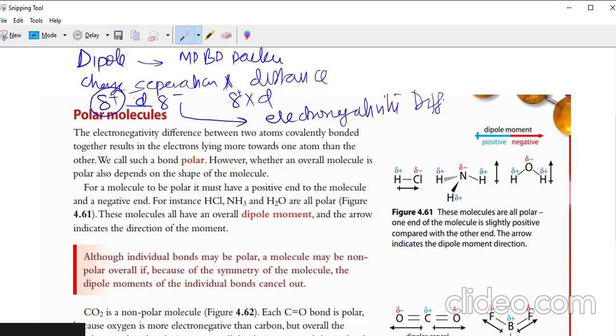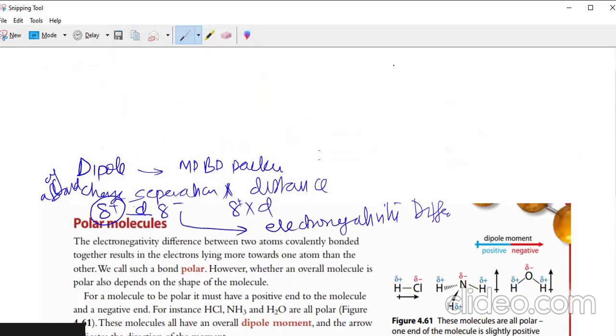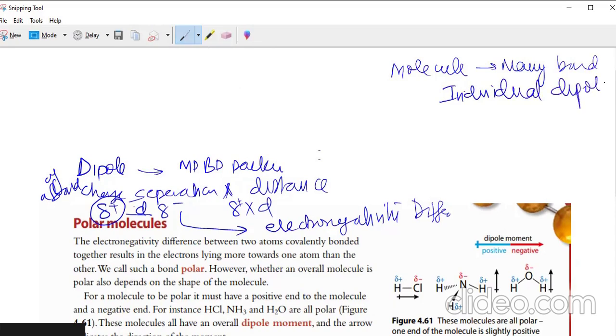So we are talking of the dipole of a bond. In a molecule, there will be many bonds, and the bonds will have individual dipoles depending on the two atoms on each side.